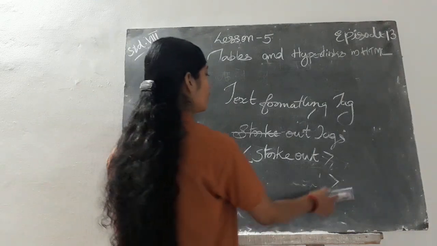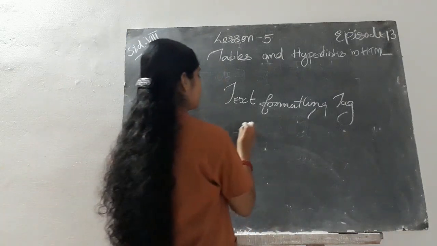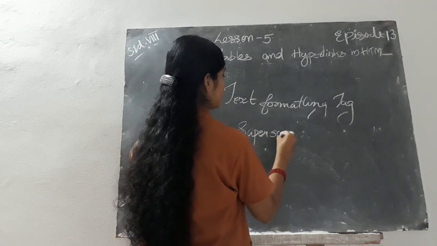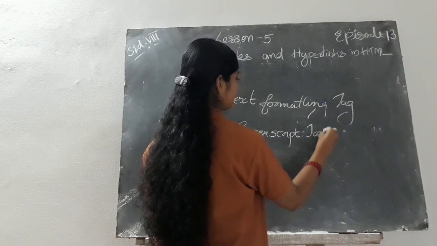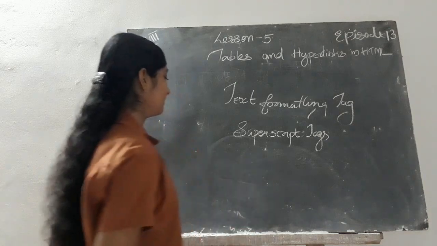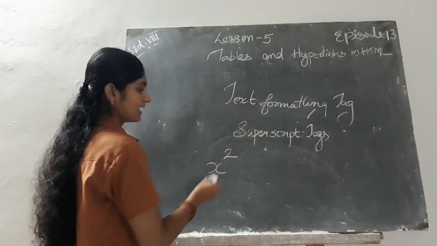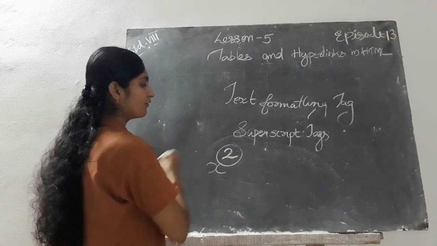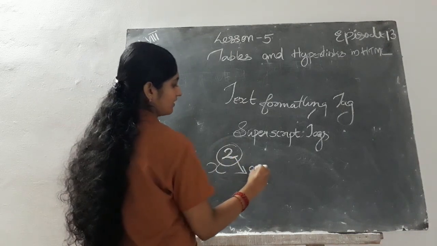Next is superscript tag. Superscript means, for example, x square. This is superscript. The position of 2 is above the text, or we can use exponential.